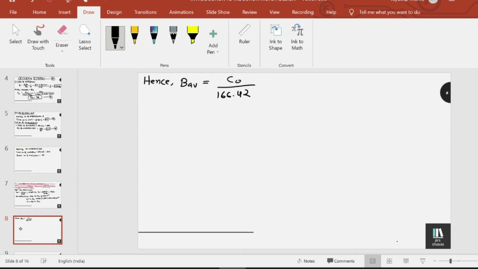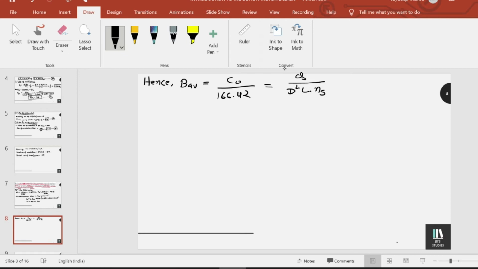What is the value of the output coefficient? The output coefficient C0 is equal to Q divided by D square L ns.